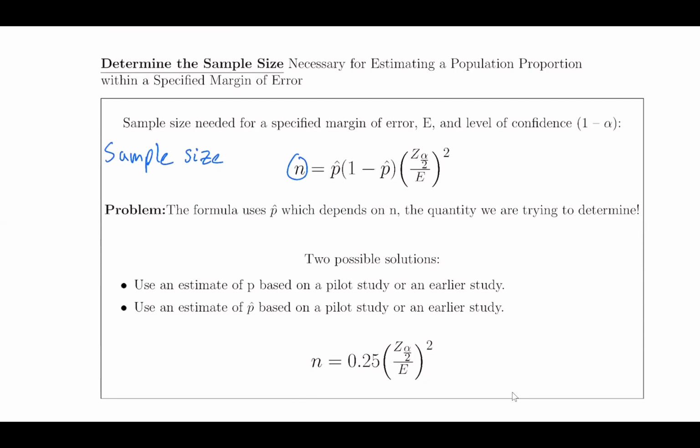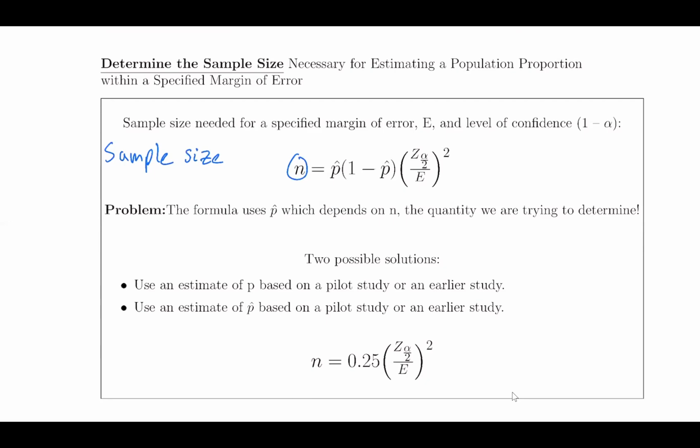But if you want a big margin of error, which means it's not gonna be as accurate, then the sample size is gonna be smaller, because you have to realize the give and take. Small margin of error means a big sample size; big margin of error means a small sample size.